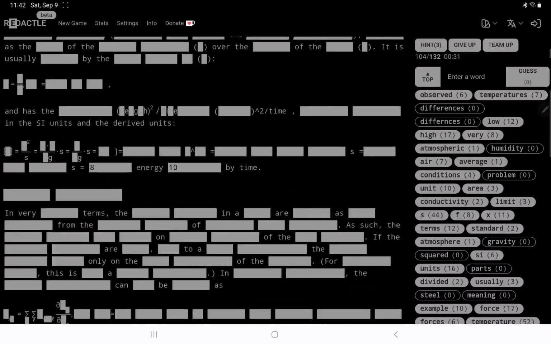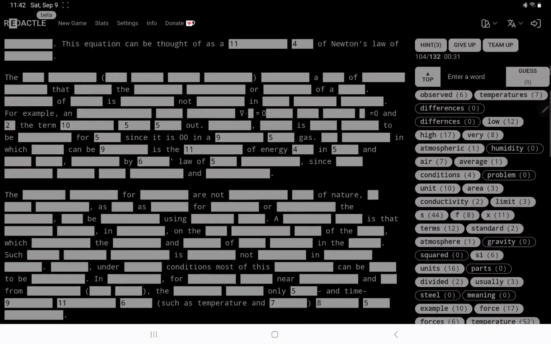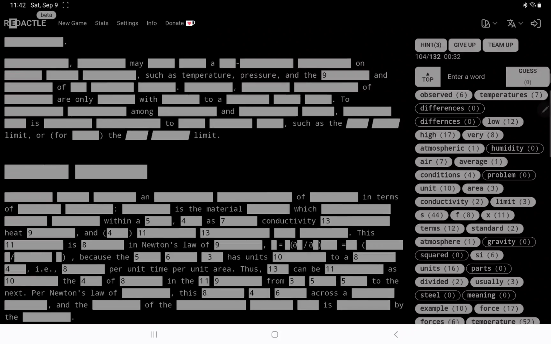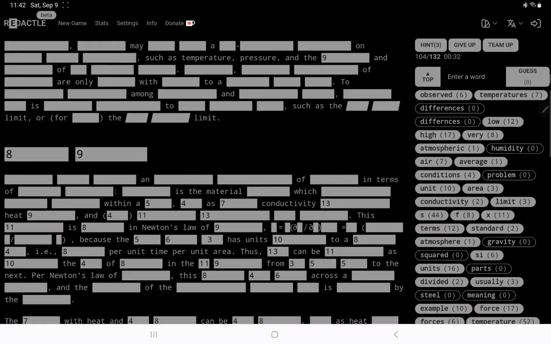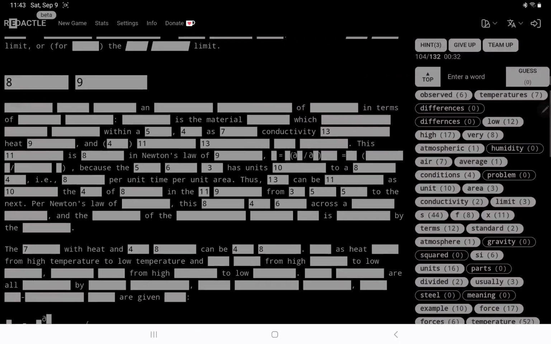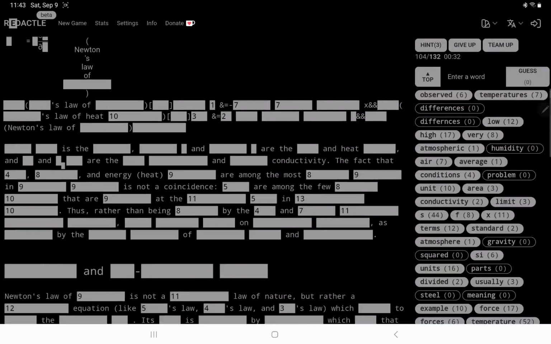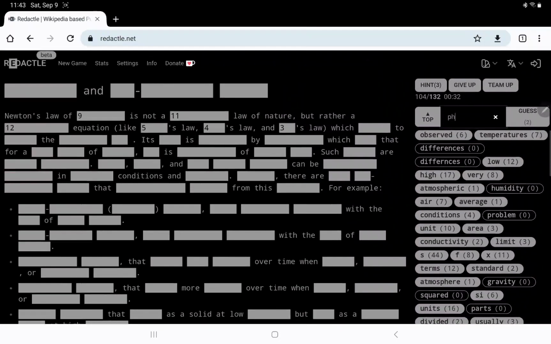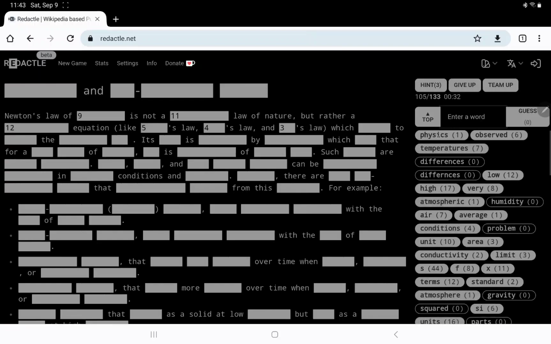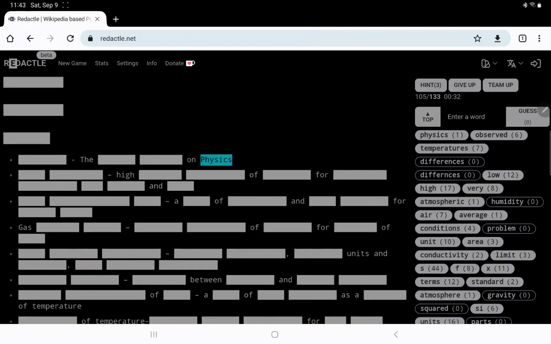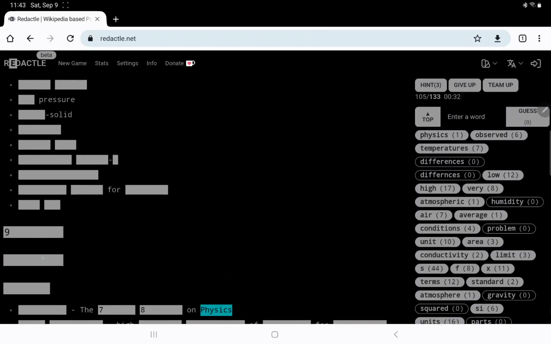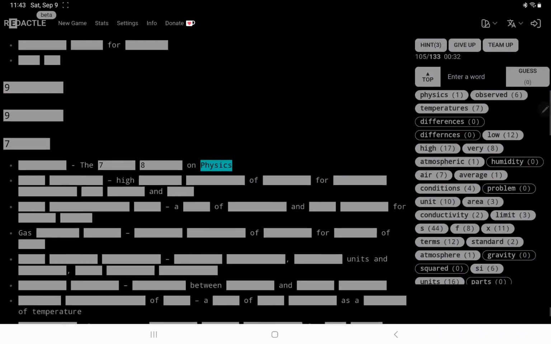So air has its own section. Have I put in physics yet? No, it is only mentioned once. We may be down here at the references.